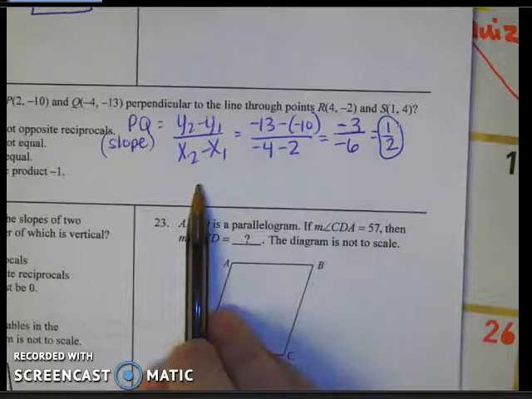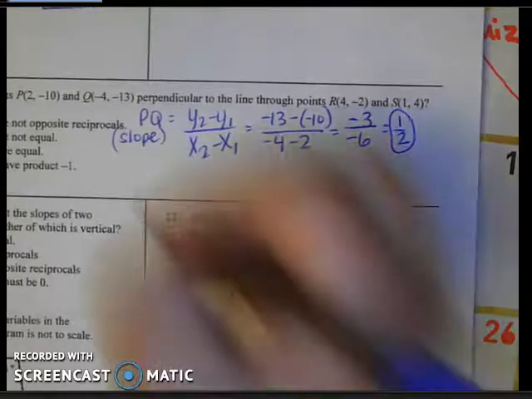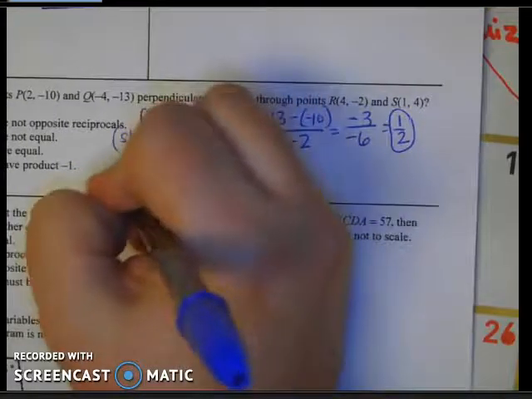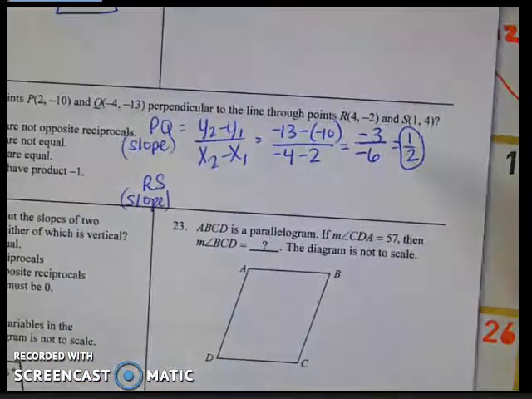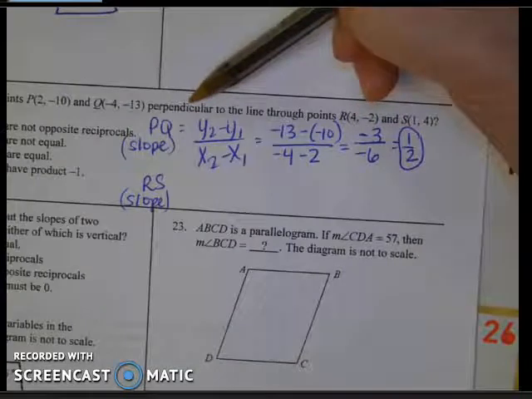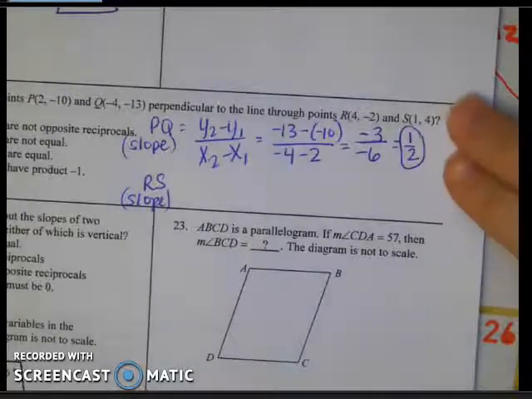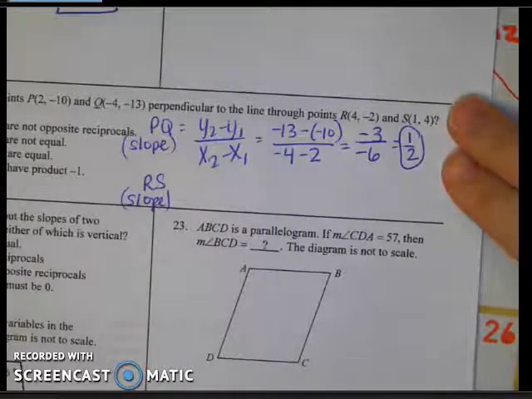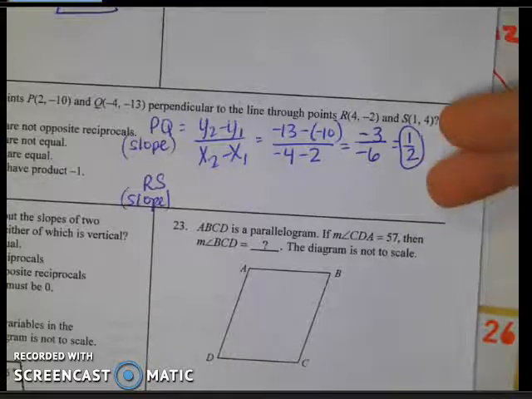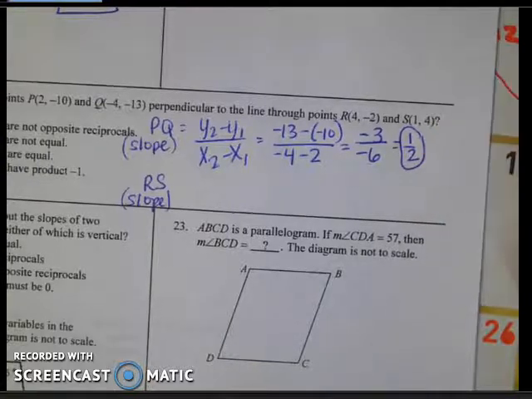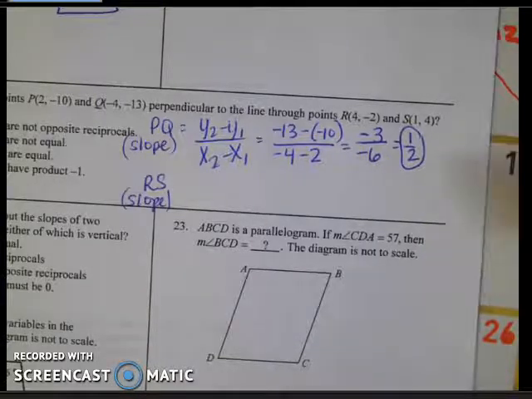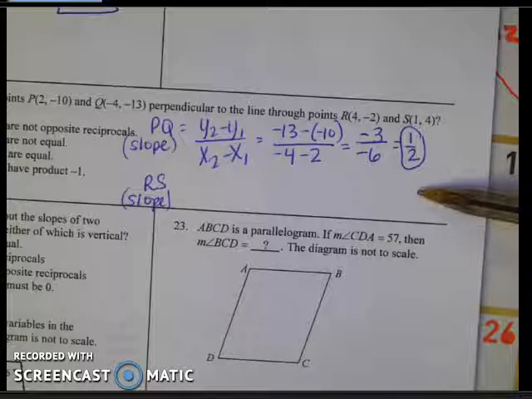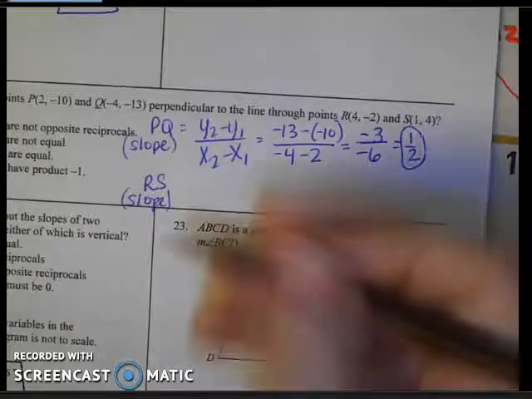Now I'm going to do the same thing, but for RS. What do I expect to happen for perpendicular slopes? I would expect that my fraction is the opposite reciprocal. So I flip the fraction, so 1/2 turns into 2/1. And if I want it opposite, I want the opposite sign. So this positive slope would be negative. So that's what I'm looking for if it's perpendicular.